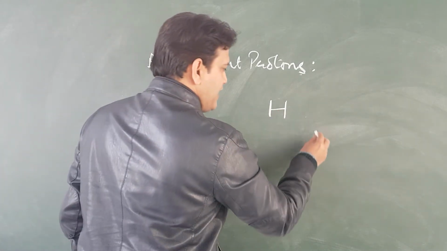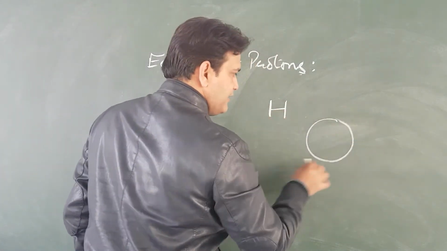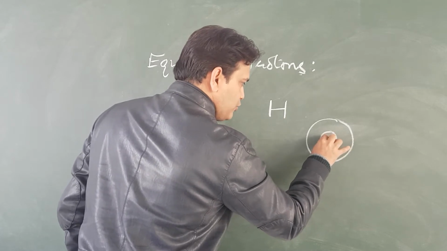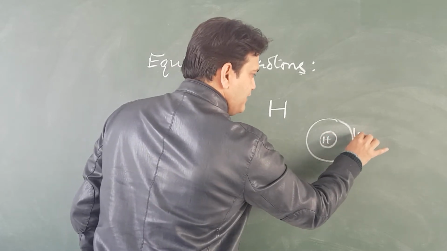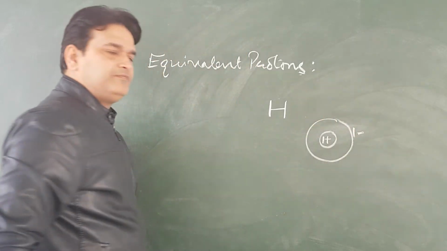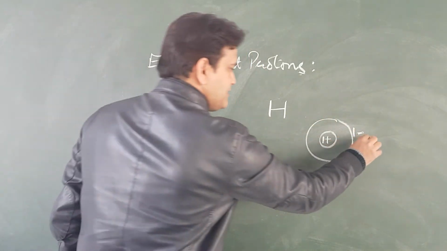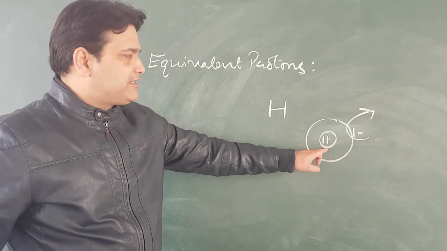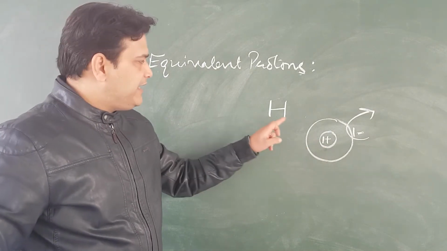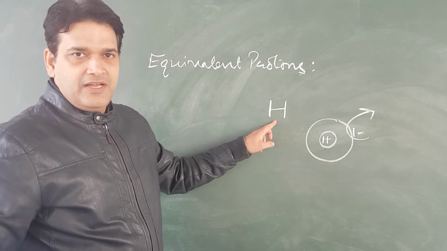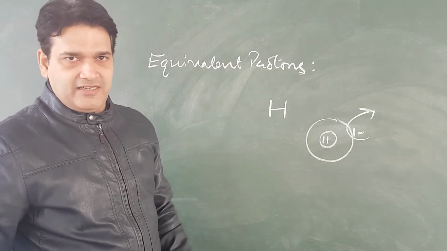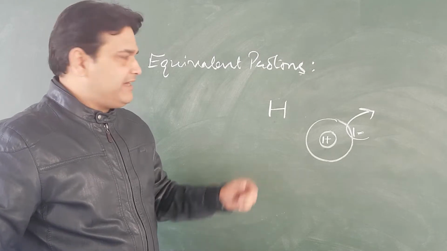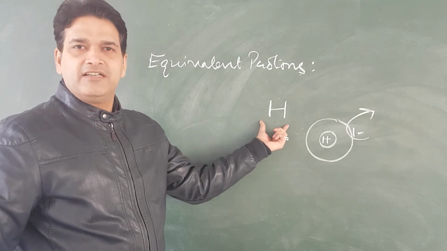Because in hydrogen there is one proton and one electron, and when this electron is removed, the remaining is a proton.